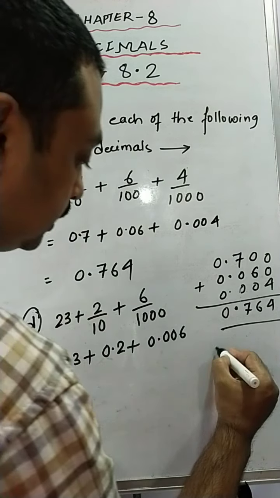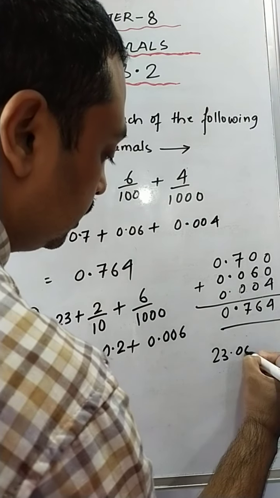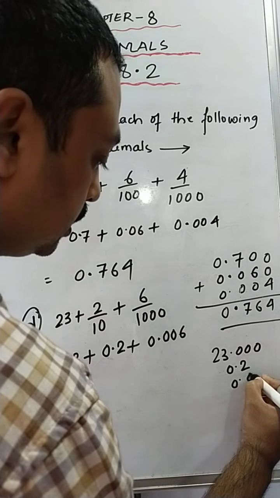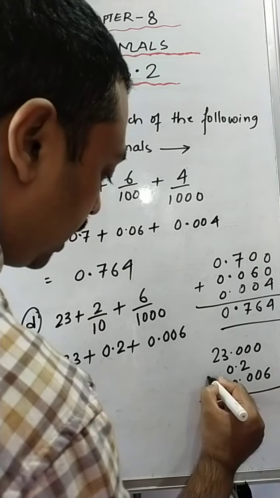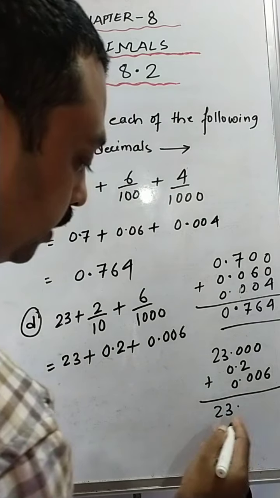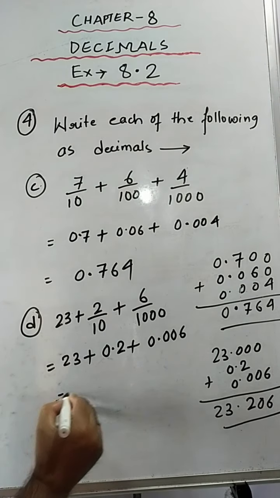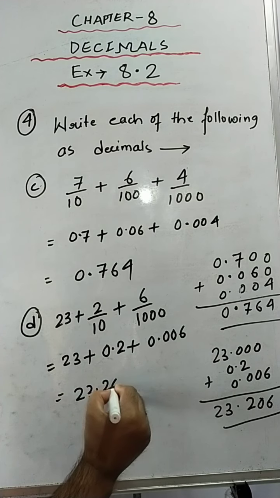Now you have to add it. So 23, 0.2 and this 0.006. If you add this, what answer will we get? 23.206. So this is your required answer, students.